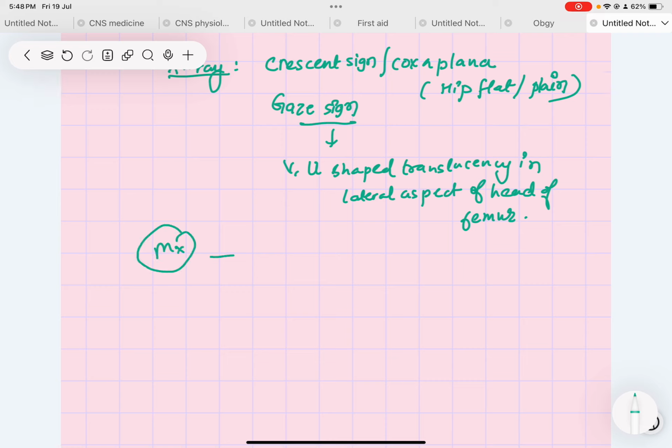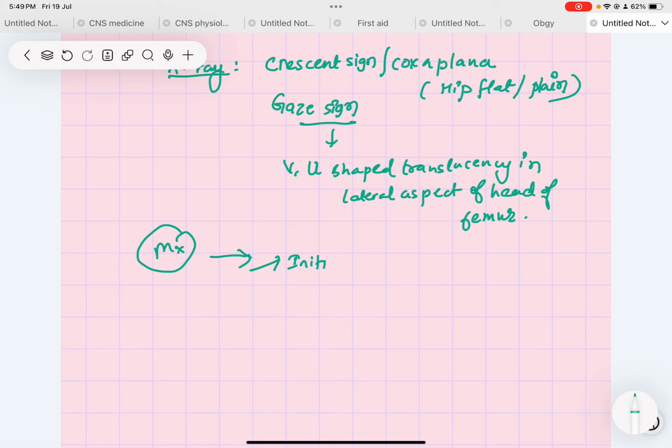How are you going to manage? So it will be stage wise. Initial stages: non-weight bearing or bed rest or skin traction mainly, and in later stage we will do total hip replacement.